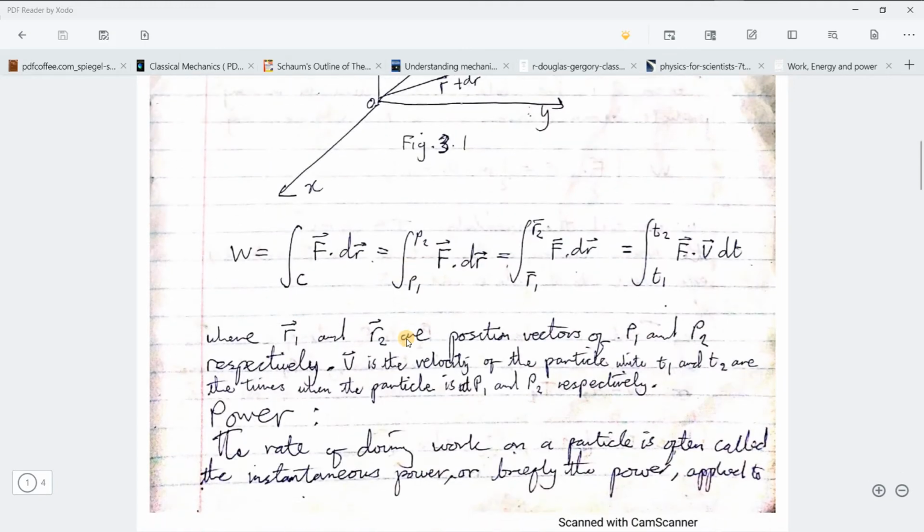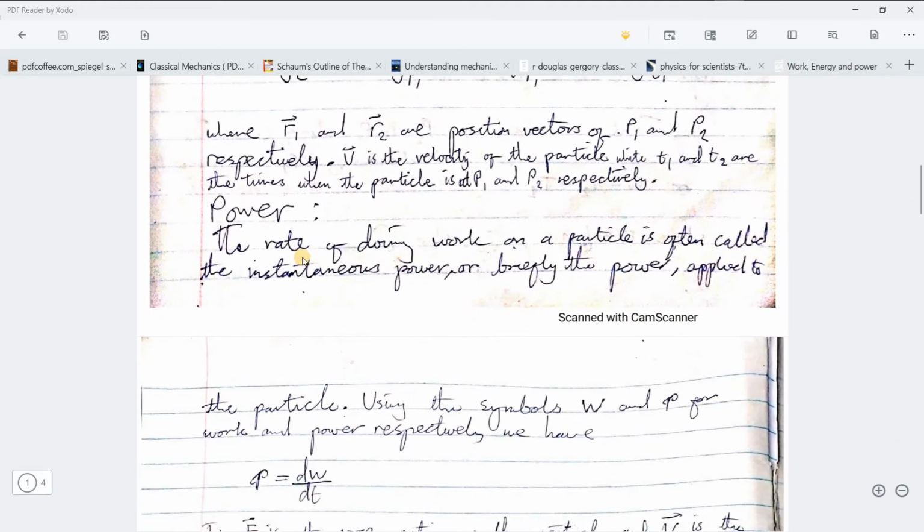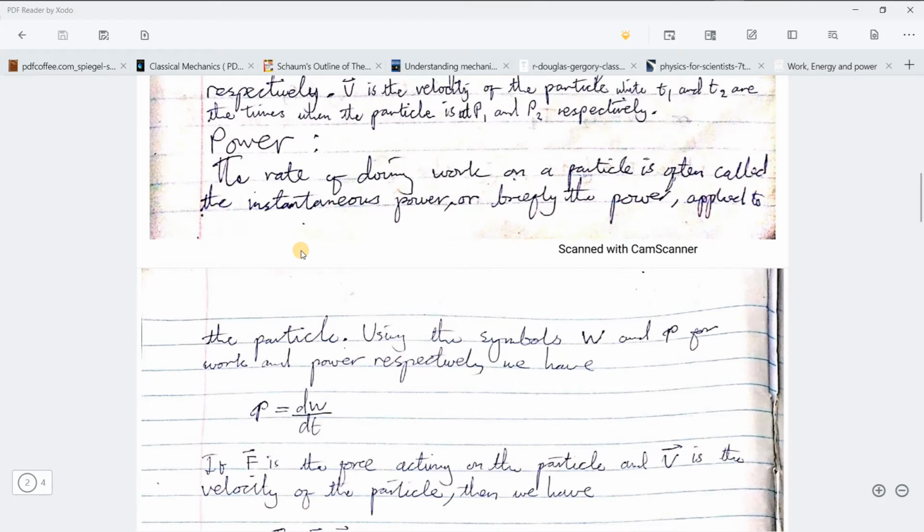Alright, and then we have power. Of course, when we calculate the work, we also have to calculate the power. Power is just the rate of doing work on a particle, and the instantaneous power is given by P, as you can see here, equal to dW over dt.